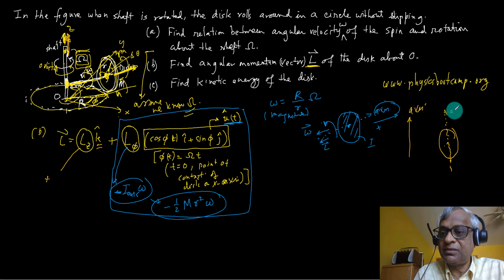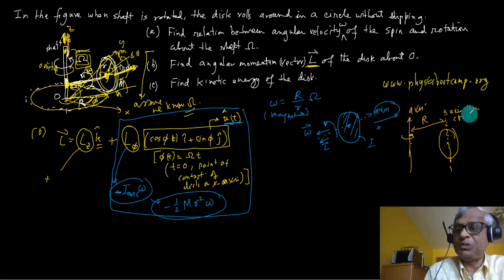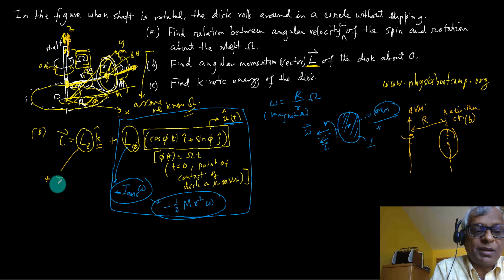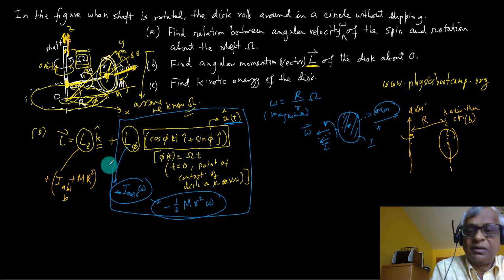So this is the axis through CM, and the distance between these axes is capital R. So I want the moment of inertia about that. It will be the moment of inertia of that plus m capital R square. So this is going to be the moment about an axis, say axis B. So this will be I about B plus capital M R square, and it's going with a capital omega, so it's going to be times capital omega.